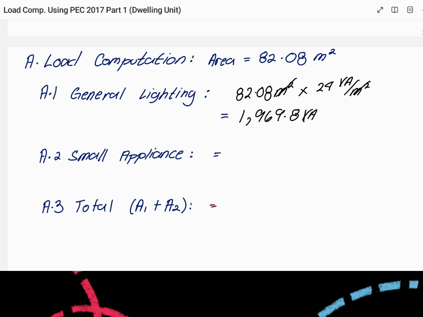Then, input the small appliances load, which is 1,500 VA. Then, sum up the 8.1 and 8.2. So, we have a total of 3,469.9 VA.